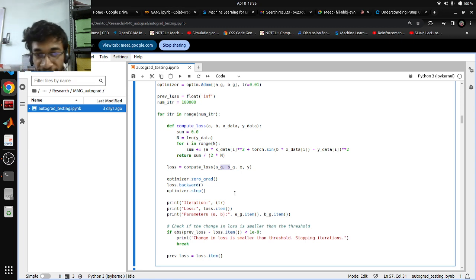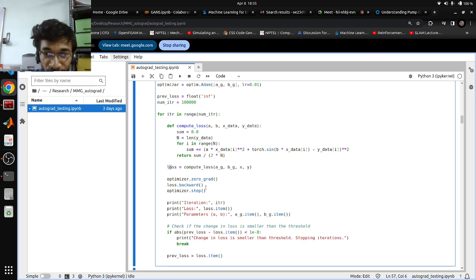But this idea that the loss function is actually a function of ag and bg and not of x and y, is that making sense? Okay, good. Since it is a function of ag and bg, you can compute the gradient of this loss with respect to ag and bg, right? Is that part making sense?